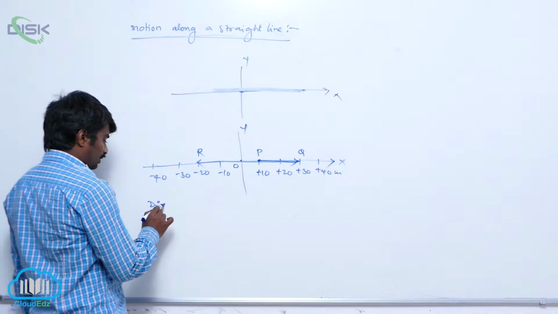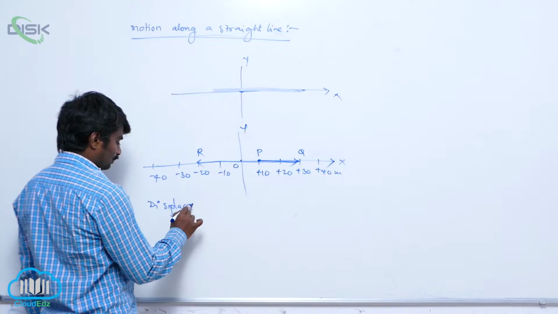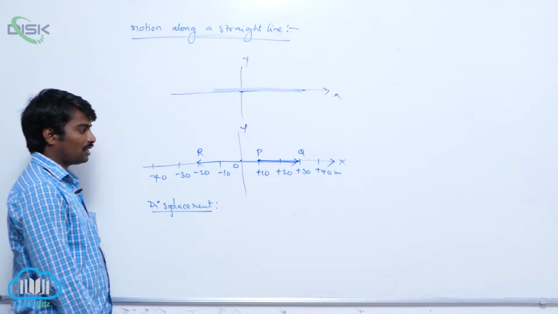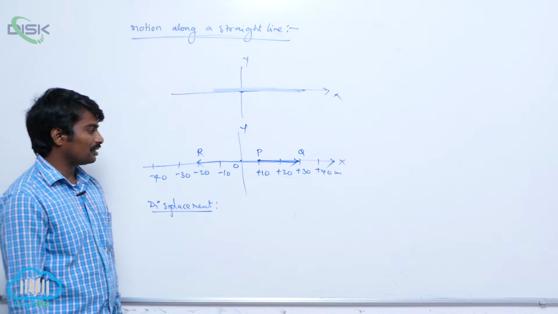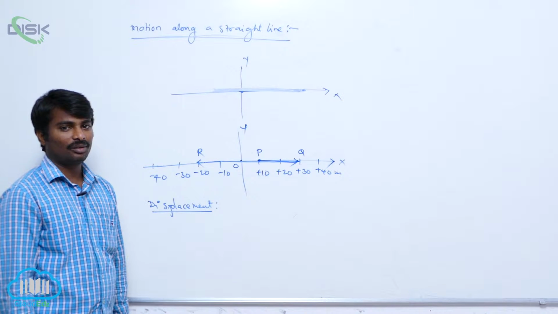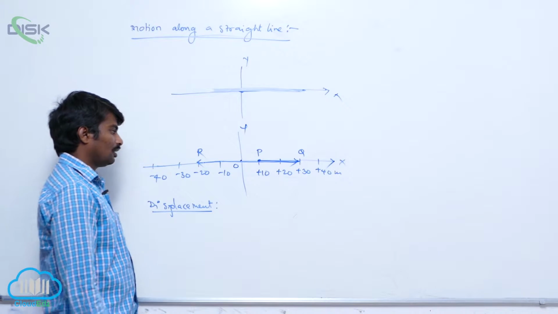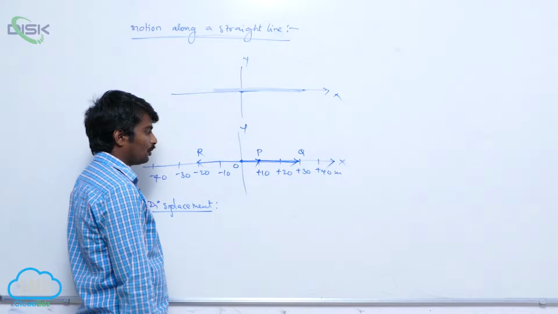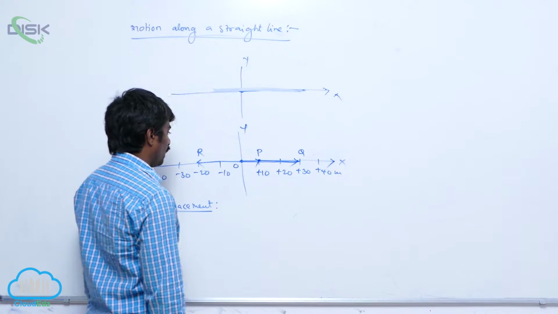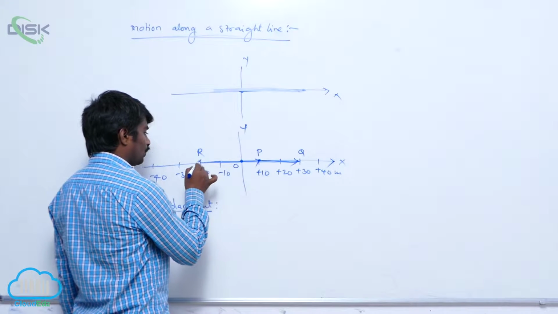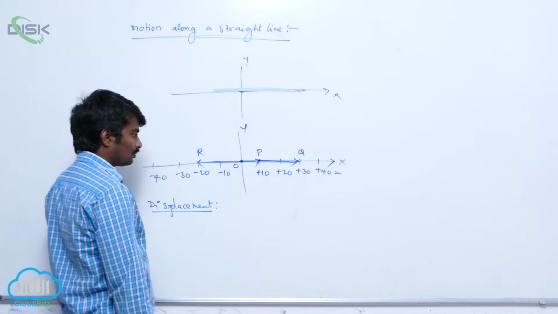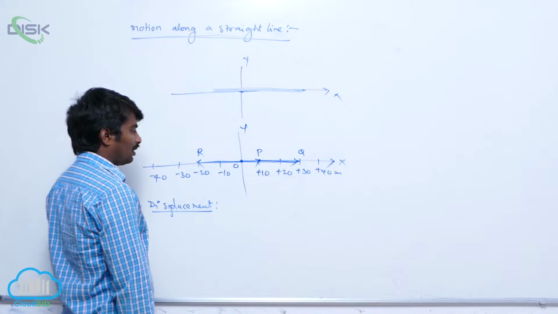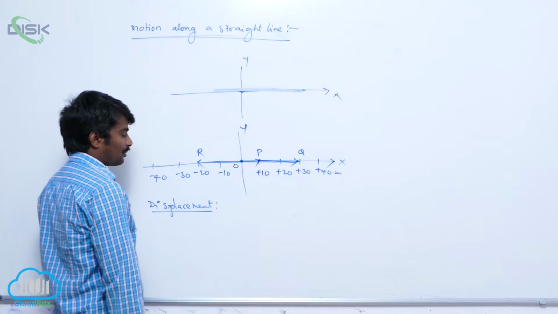Now displacement. Displacement means, by definition, the shortest distance between initial and final positions. So the initial position vector is OP and the final position vector is OR. So what is the shortest distance between initial and final positions?